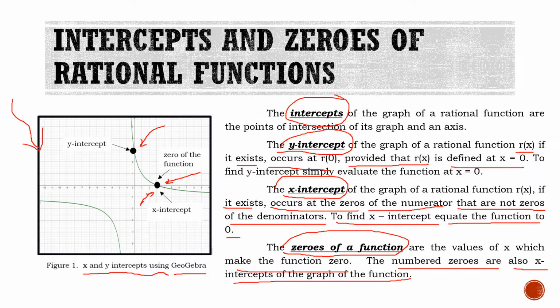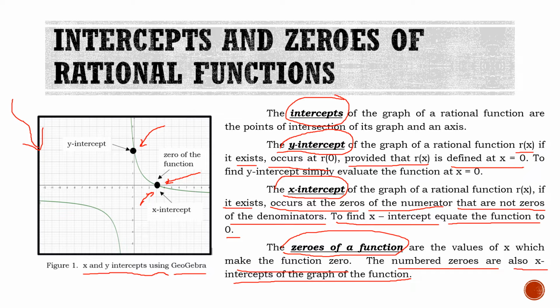So from the value of x that we can get in looking for the x-intercept of a rational function, we assume that your y is equal to 0. Meaning to say, these are values that will make the function 0. In simple words again, zeros of a function is automatically your x-intercept.